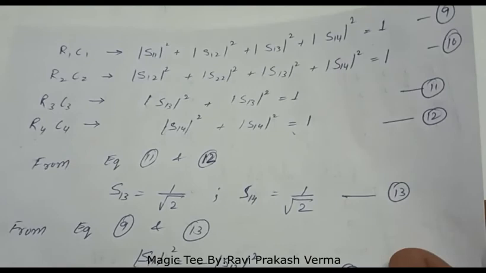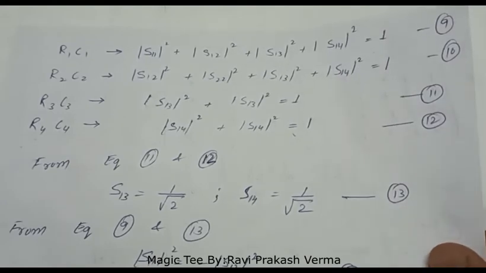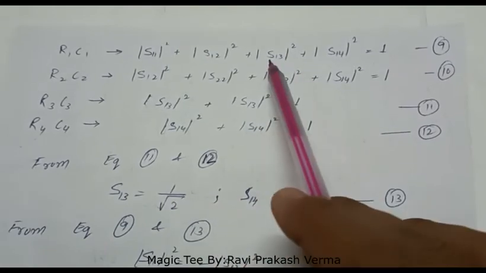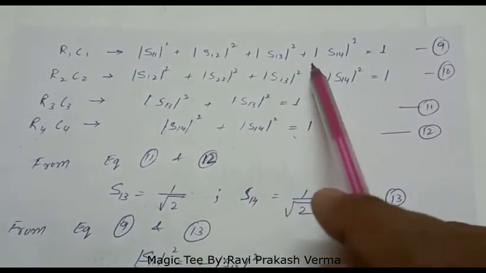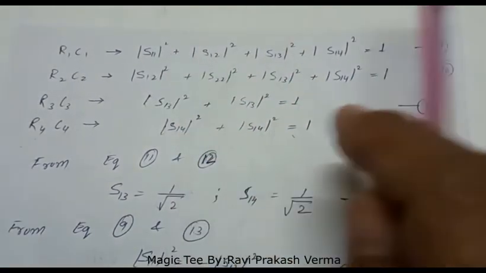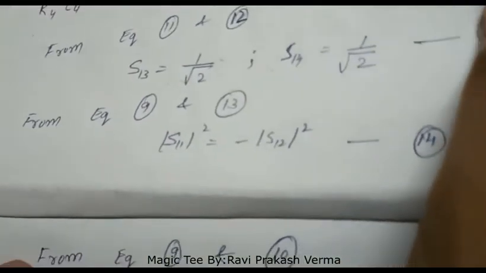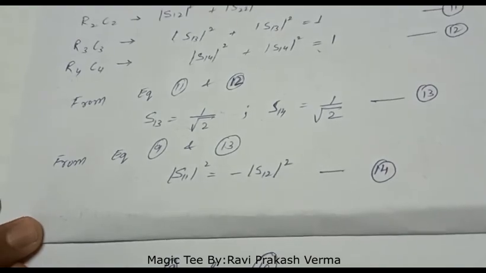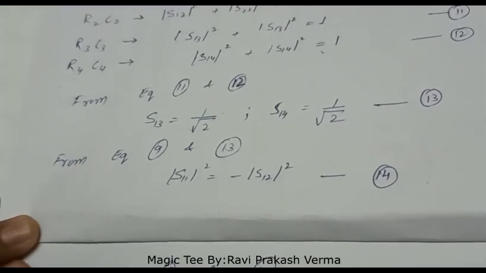By equations number 9 and 13, if we put the values of S13 and S14 in this equation, we get the magnitude of S11 squared is equal to the magnitude of S12 squared. We have given this as equation number 14.